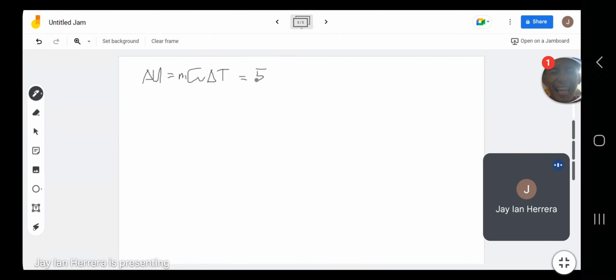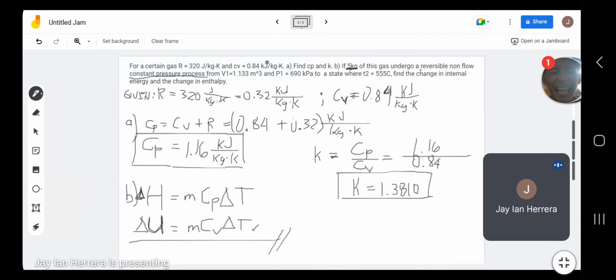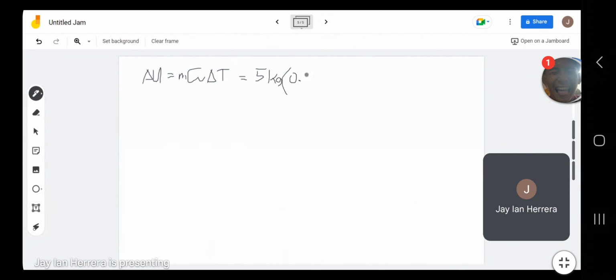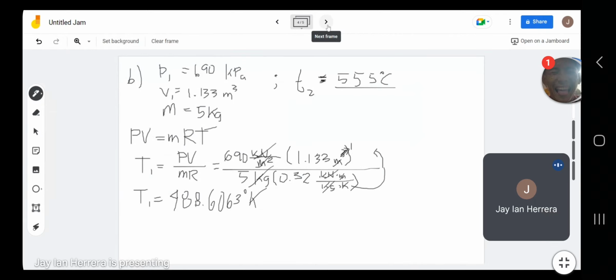We have 5 kilogram of this gas multiplied by the CV natin that is given from the problem, 0.84 kilojoule per kilogram Kelvin, multiplied by the delta T. Ito yung medyo nakakaligtaan ng others. So 555 degrees Celsius pa lang yan, so kailangan natin i-add dyan si 273 para maging absolute temperature and maging Kelvin. So that is 828 Kelvin.